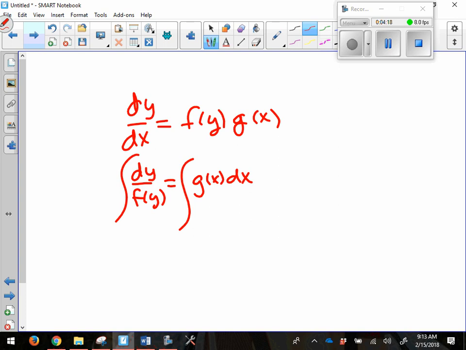And then I can just integrate. And that's really what this is all about. Now, an application of this is exponential change, growth or decay, depending on what k is.